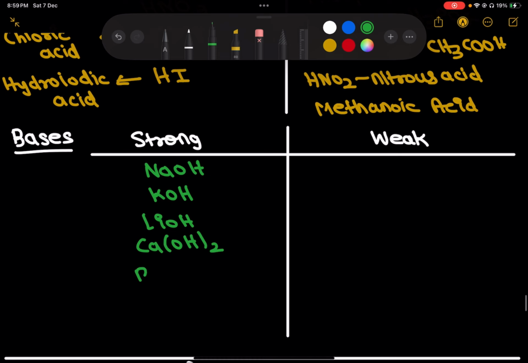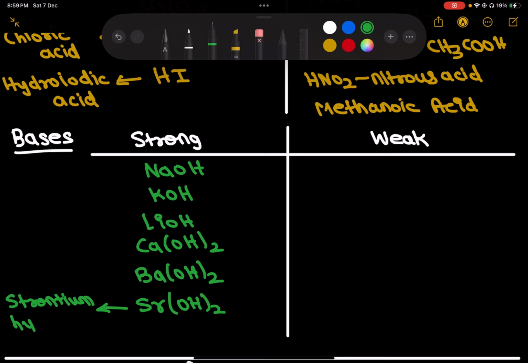We have barium hydroxide, Ba(OH)2. Right? So these are all the strong ones. We have strontium hydroxide, which is Sr(OH)2. All of these are very, very strong bases. All of these contain OH if you see, right? So I'll write this one. This is new, strontium. It is an element, right? Strontium hydroxide.